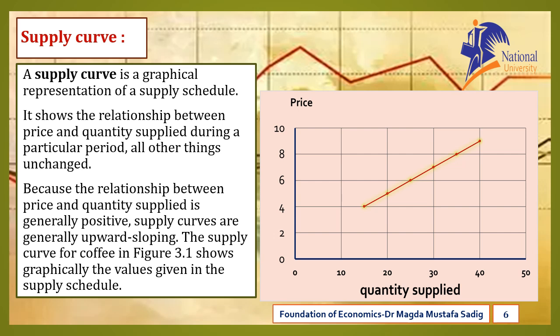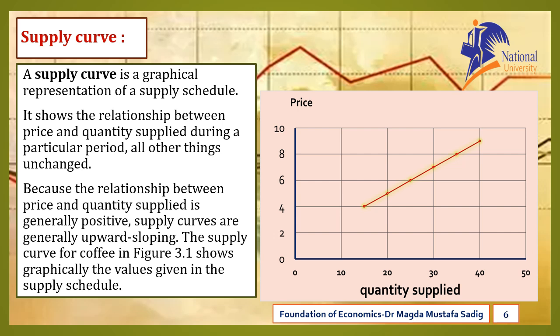So for example, if the market price of coffee is $2 per kilo, you might supply 100 kilos. But if the price rises to $5 per kilo, you are likely to supply 300 kilos. So your incentive to produce grows with the price, and the supply curve captures this behavior.